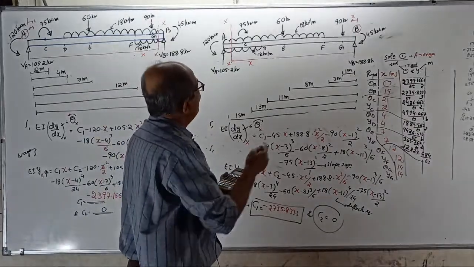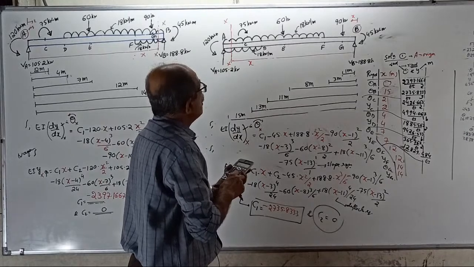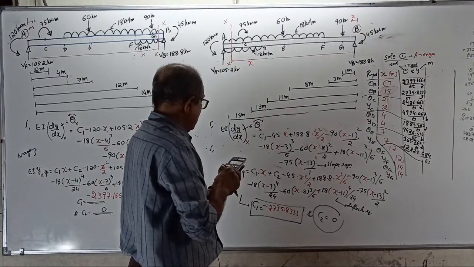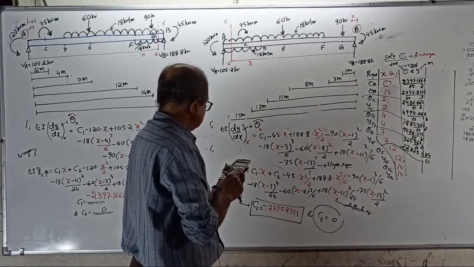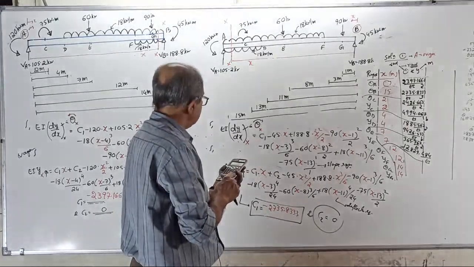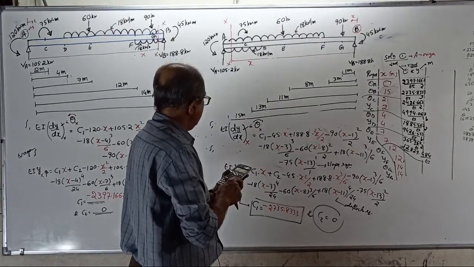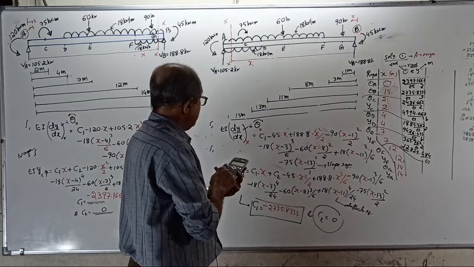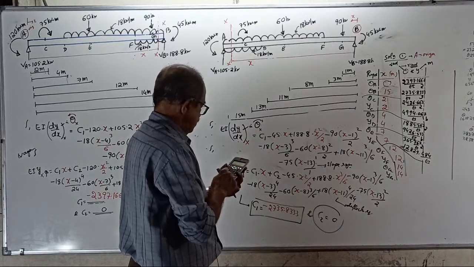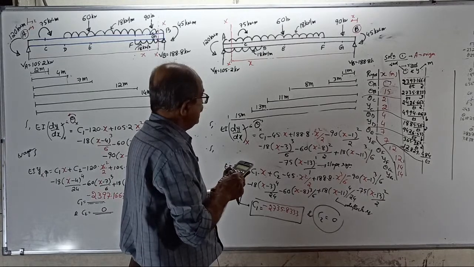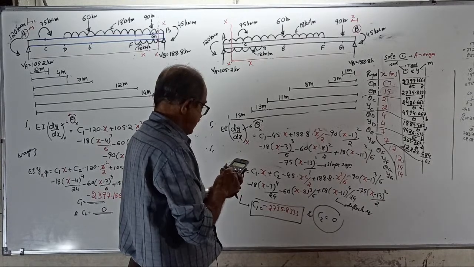I will do one thing now. I will use that side. You don't do those things. Slope C1, shift toward B. B C1 minus 45 into 3 plus 188.8 into 9 divided by 2 minus 90 into 3 minus 2 is 2, 2 square divided by 2.